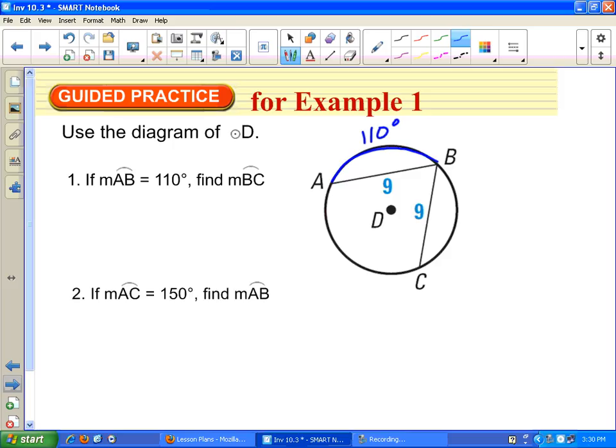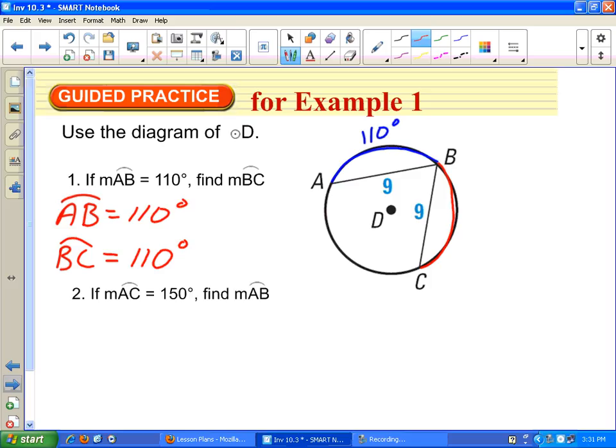We need to find the measure of arc BC. Applying theorem 10.3 again, since arc AB equals 110 degrees, arc BC has to equal 110 as well.